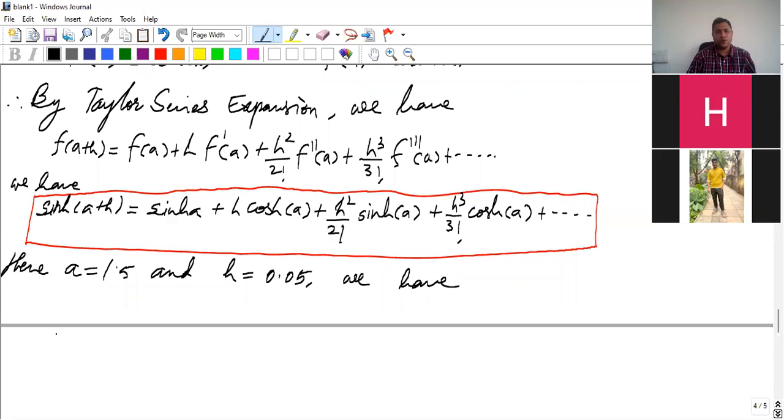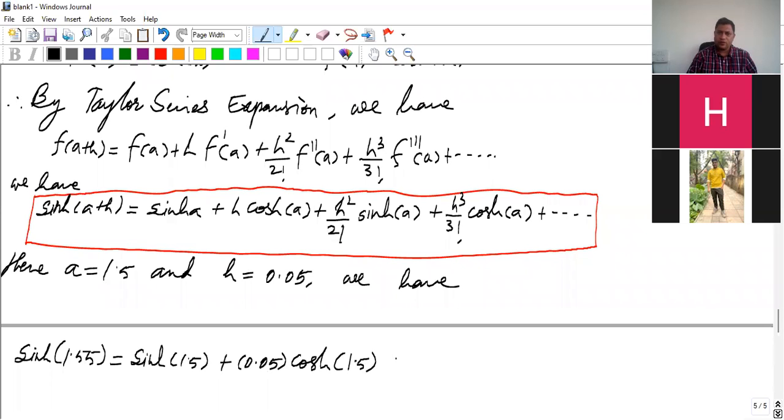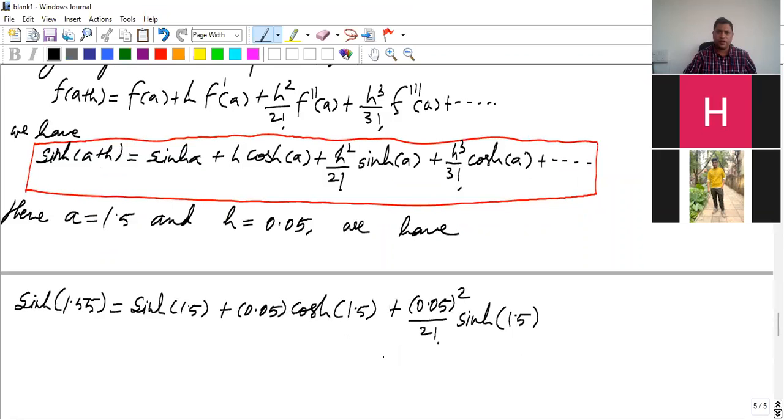So we get sinh(1.55) is equal to sinh(1.5) plus 0.05 cosh(1.5), plus 0.05 square by 2 factorial sinh(1.5), plus 0.05 cube by 3 factorial cosh(1.5).